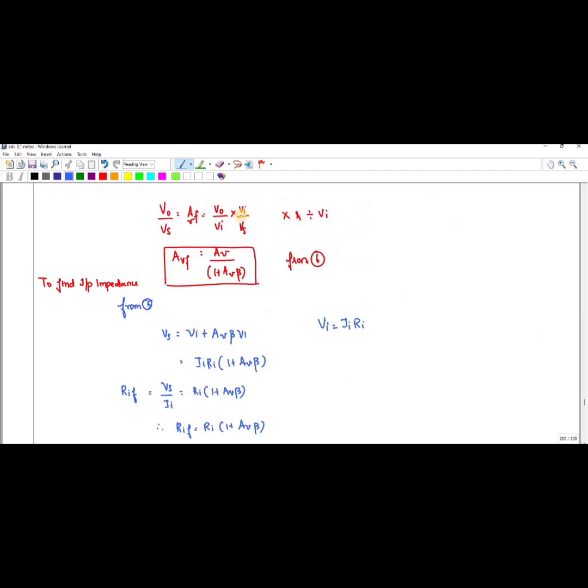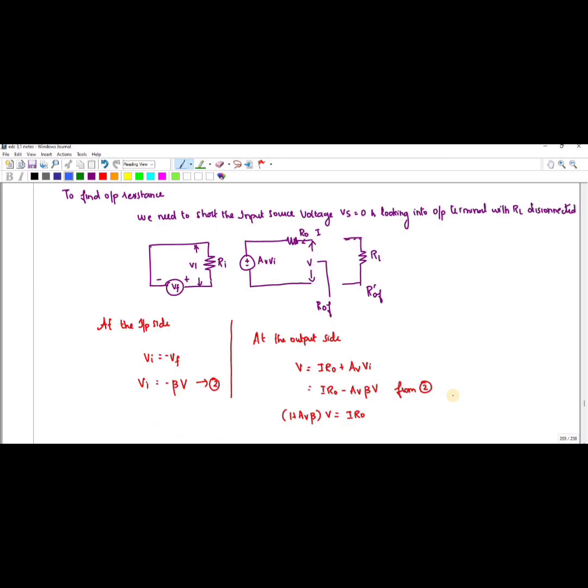If I substitute here, I will get Vs = Ii Ri (1 + Av beta). If I divide both sides by Ii, I will get Rif. So Rif = Ri (1 + Av beta). You can see the input resistance, that is the impedance, is increasing, since it is series mixing.